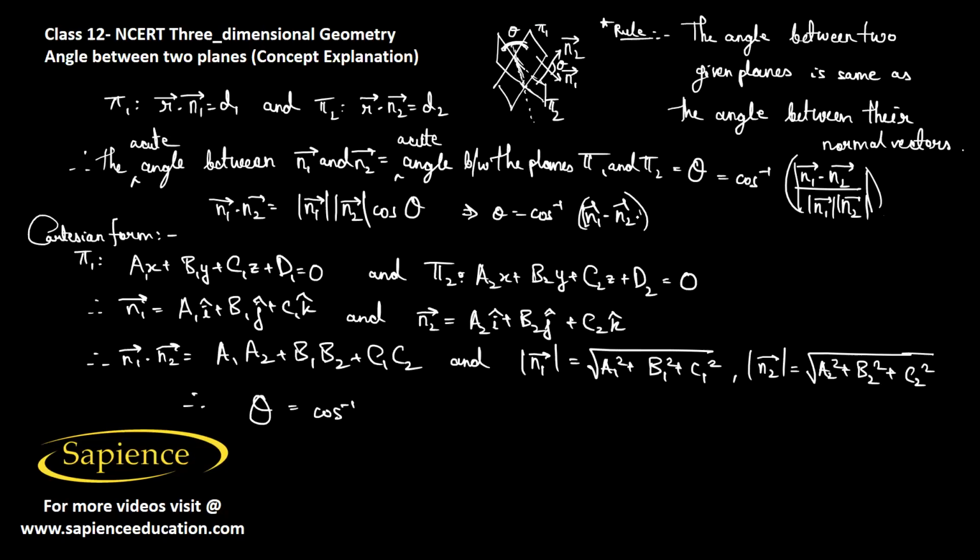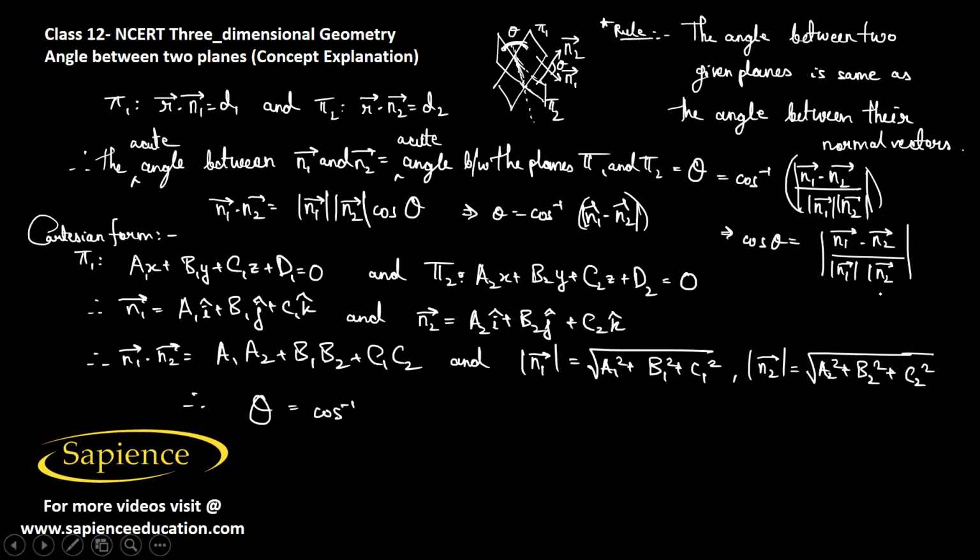We need to take the mod of this. So therefore, cos theta, we should write it as magnitude of n1 vector dot n2 vector divided by magnitude of n1 into magnitude of n2.